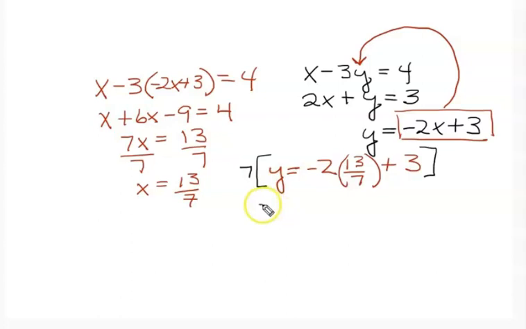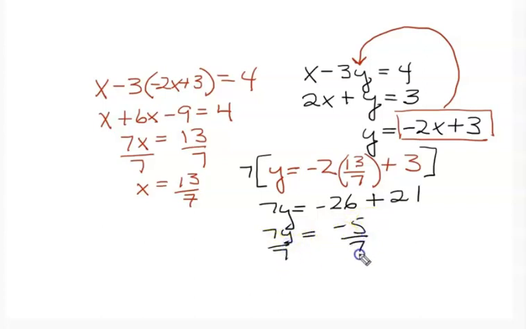So this becomes then 7y. Here the 7's cancel out, and I get a negative 26. And I get a plus 7 times 3 is 21. Okay, I'm going to combine like terms here, and I get here a negative 5. 7y equals negative 5. Divide both sides by 7, and I get y now equals a negative 5/7.